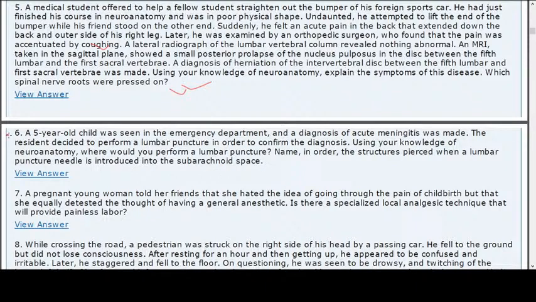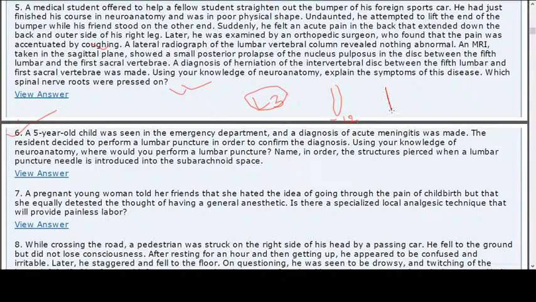So I think I know this answer. We should perform the lumbar puncture at the L3 vertebra, I guess. In an adult human, the spinal cord extends up to the level of the L2 vertebra.